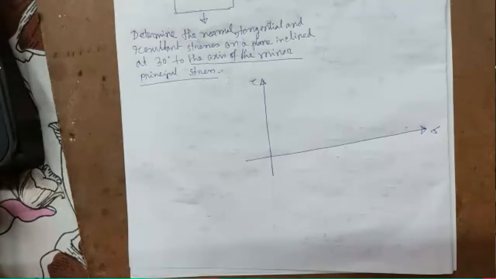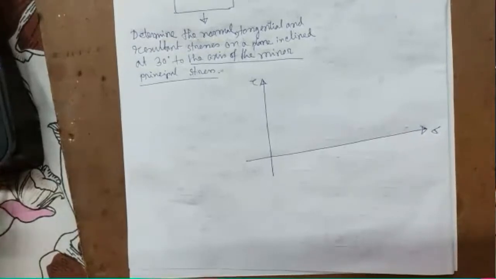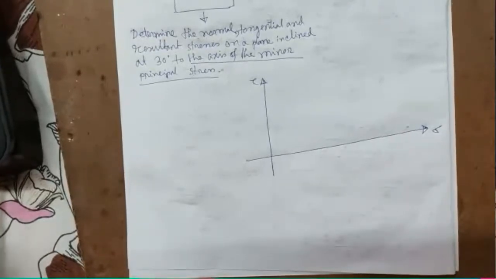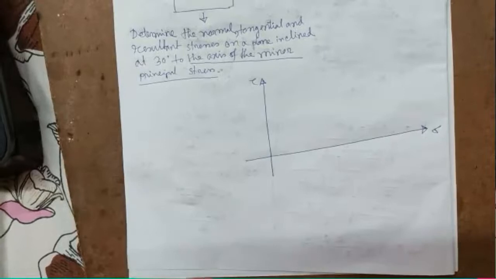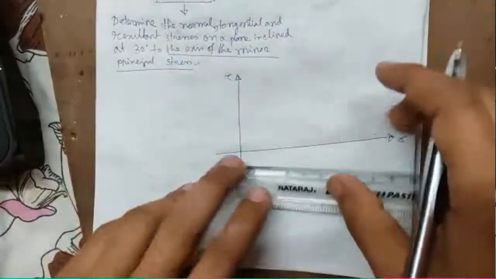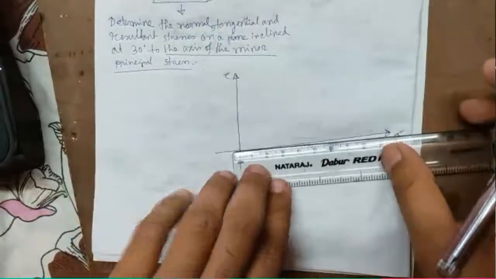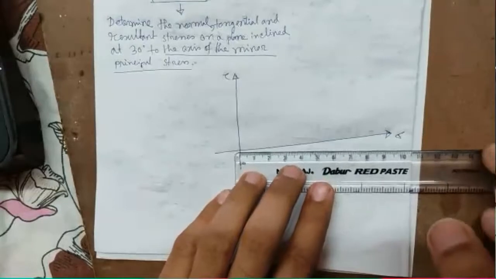So if we draw a 5 centimeter long diameter, then let's see what happens. We need a compass, but here we will just try to make it.